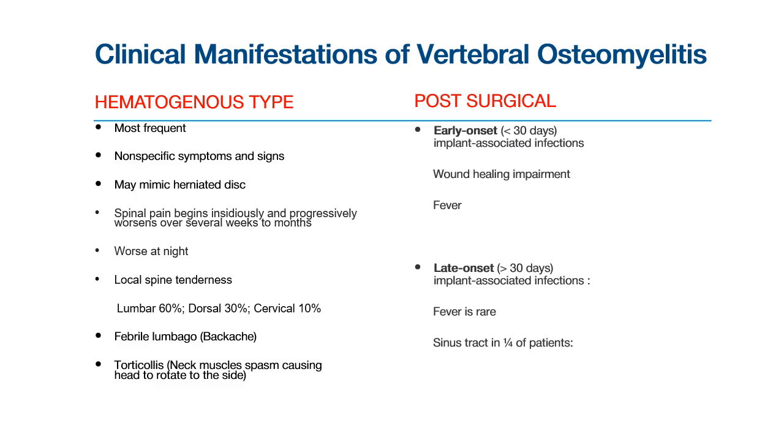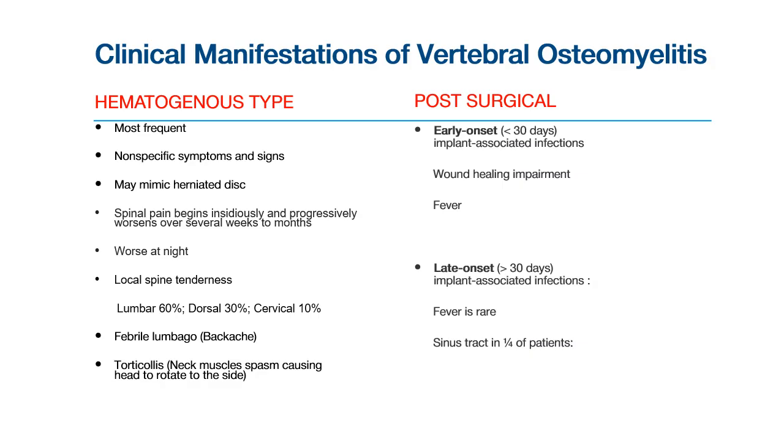Patients with hematogenous vertebral osteomyelitis complain of localized back pain and tenderness that may mimic an early herniated disc, but the presence of fever should always raise the possibility of infection. Pain is worse at night. Pain begins insidiously and progressively worsens over several weeks to months.